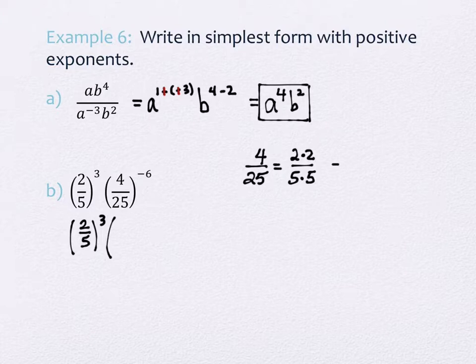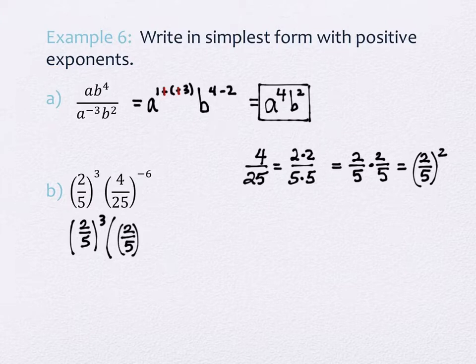Well, doesn't that look an awful lot like what would happen if I took 2/5 times 2/5? Well, yeah. But what's another way to express a number multiplied by itself? Squared. Right. Squared.